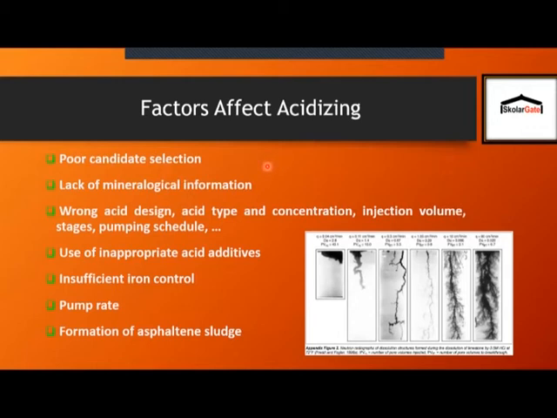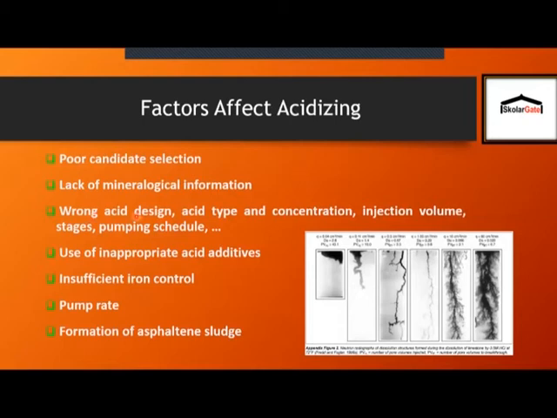It will not reach that far. Another is lack of mineralogical information. We have to know the lithology. For example, is it sandstone or carbonate? If sandstone, what is the amount of feldspar compared to quartz? We need to know that as well.